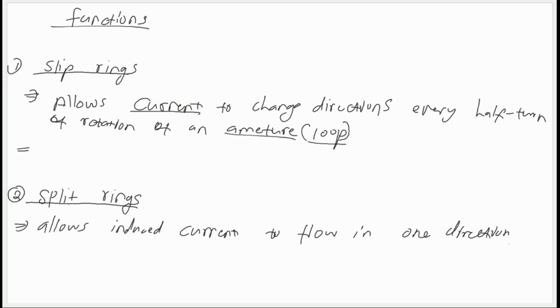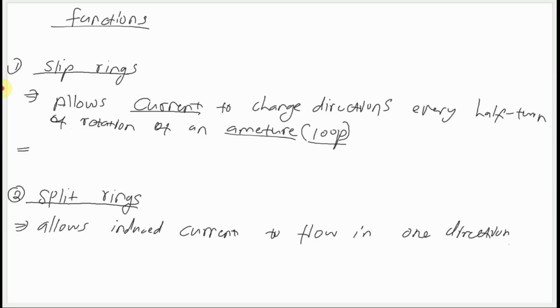So that means as the loop is rotating, the direction of the current will change every half turn of a rotation. Like I said, I wish there was some demo for you to see how this movement of the loop can change direction, or show that the current is changing direction in every half turn of the rotation.